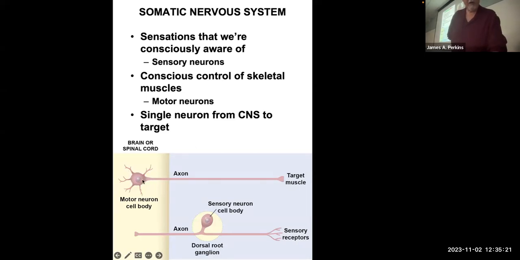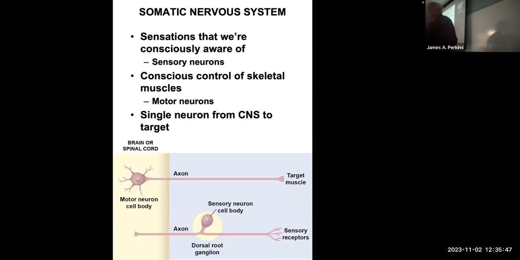And the axons of these motor neurons continue all the way to the target muscle, which means that some of these axons are enormously long. If you think about it, remembering the fact that the spinal cord ends at around L1 or L2, the motor neurons that are innervating the muscles in the sole of your foot have to be like a meter long. They have to be like 3 feet long to travel all the way from the spinal cord down to the sole of your foot.